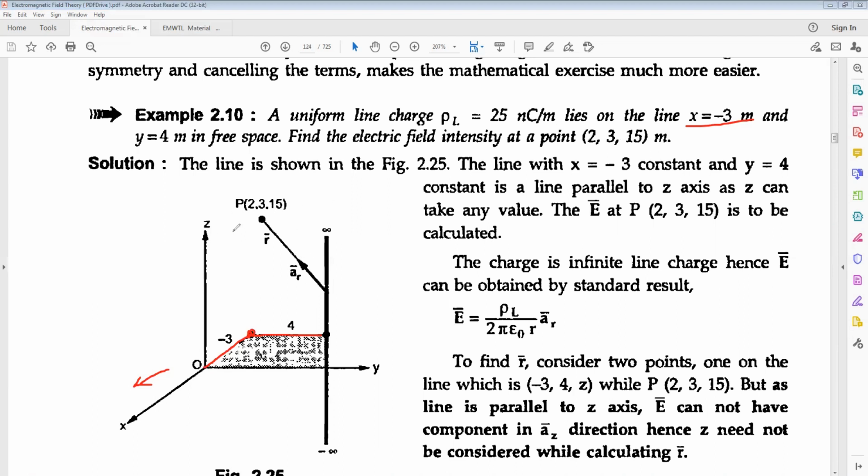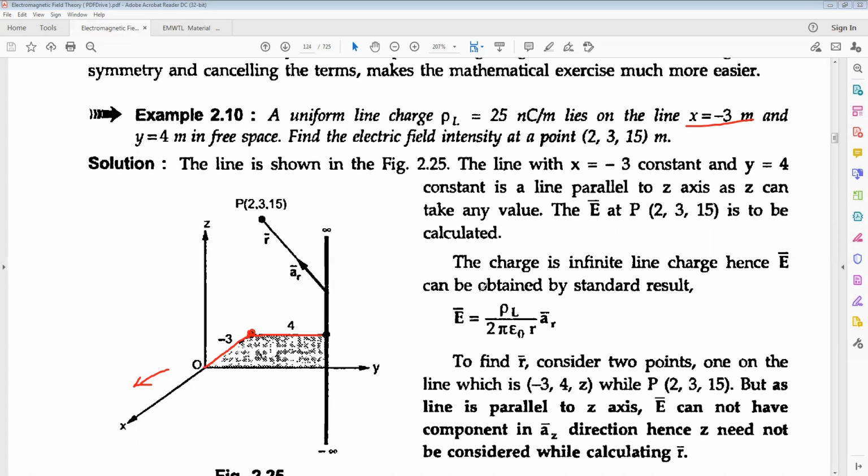Okay, as shown in the figure here, the line x is equal to minus 3 constant and y is equal to 4 constant is a line parallel to the z-axis, and z can take any value. The E bar at the point P (2, 3, 15) is to be calculated here.